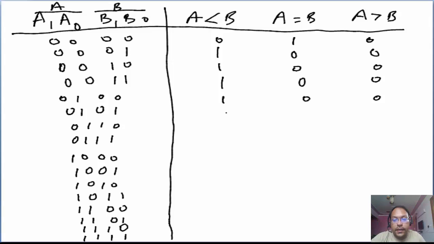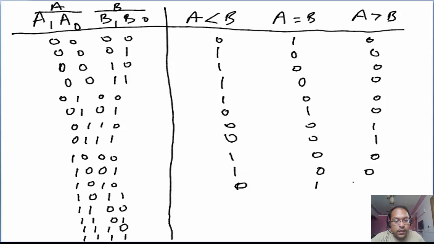In this case you can see that A is 0 1 and B is also 0 1, so A is equal to B. So we'll put 0 here, 1 here, 0 here, and continue in the same way for the remaining rows, up to the last set of numbers.